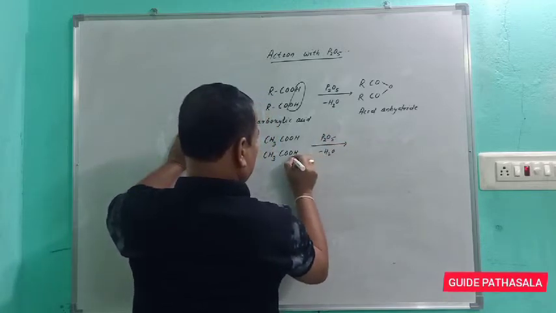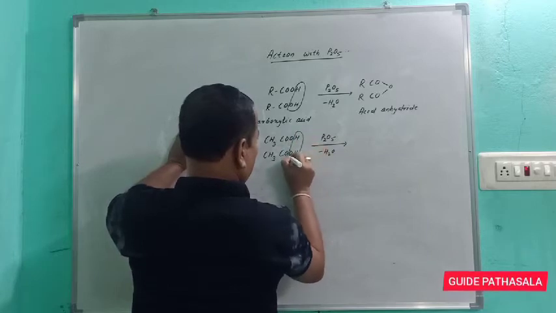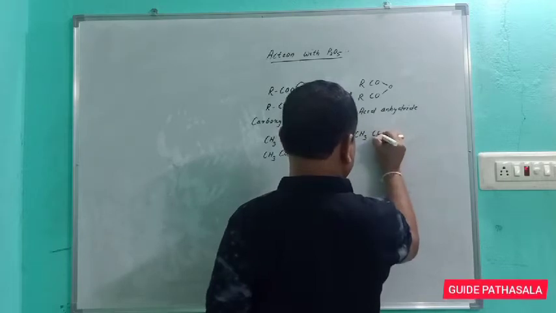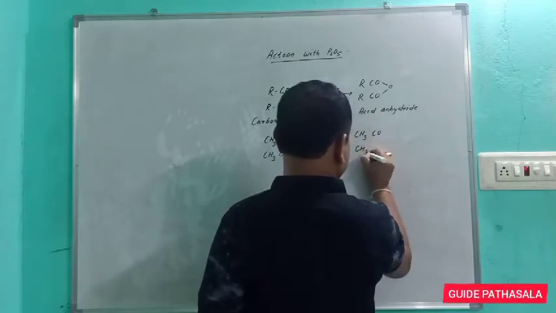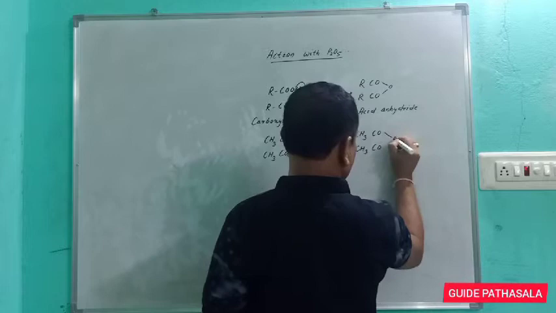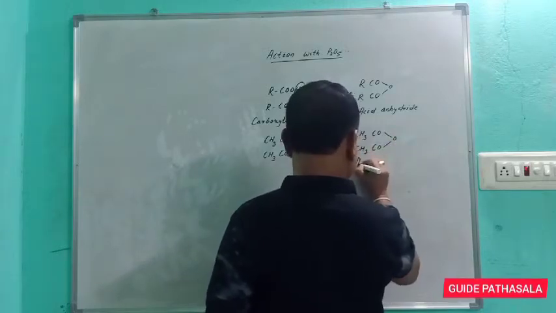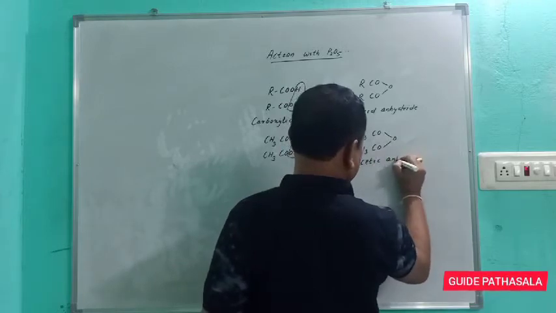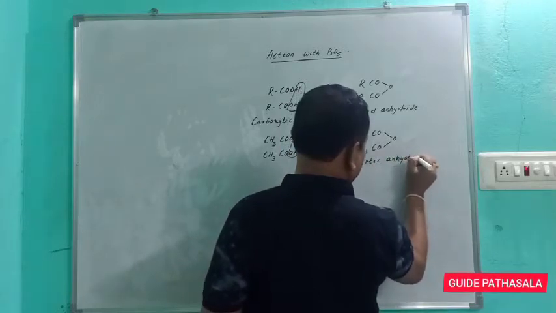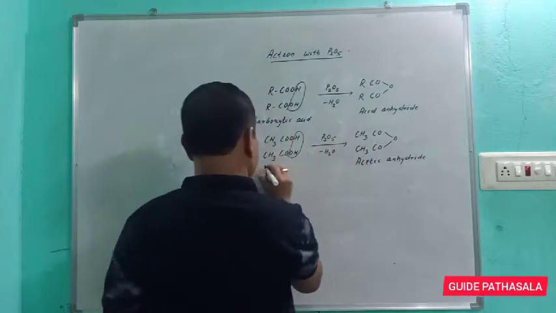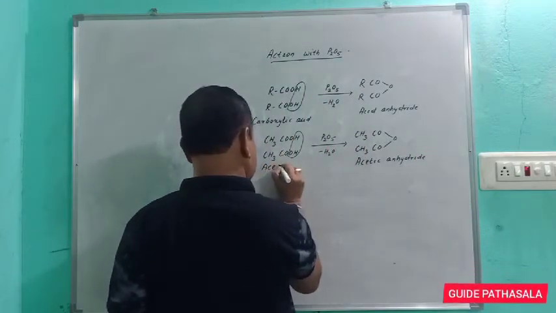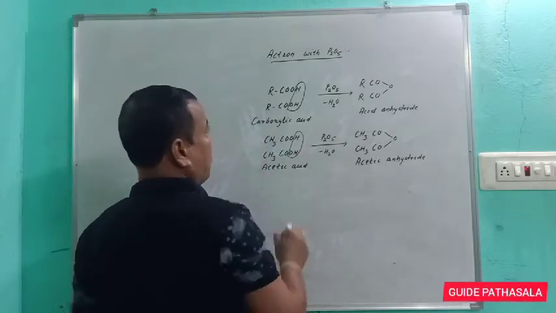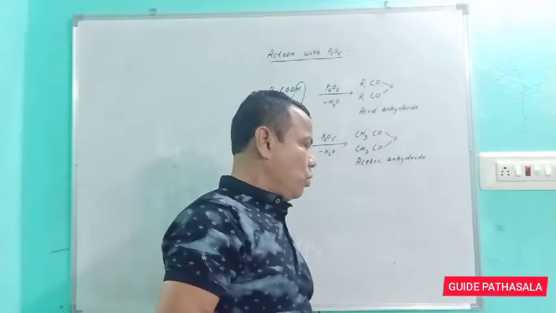As a result, acetic anhydride is formed, having formula CH3CO-O-COCH3. This is acetic anhydride, from acetic acid. This is the reaction with P2O5.